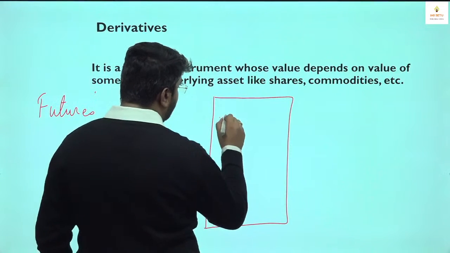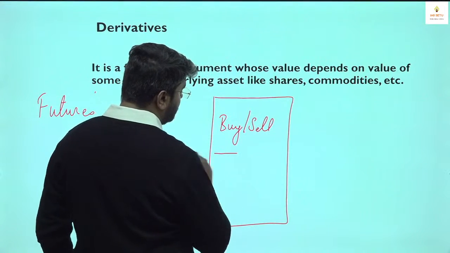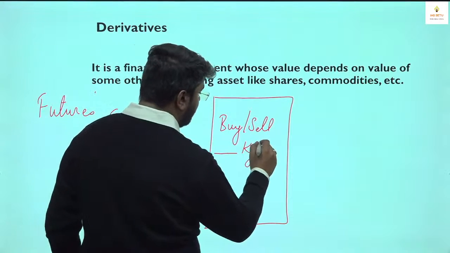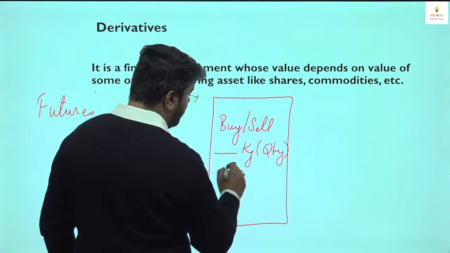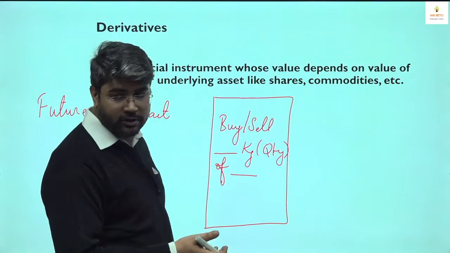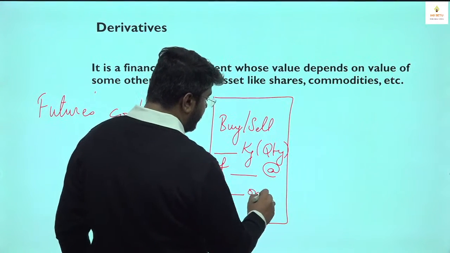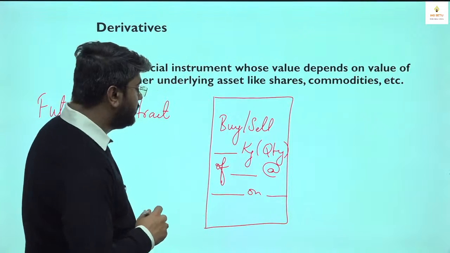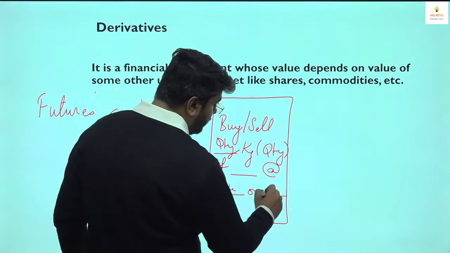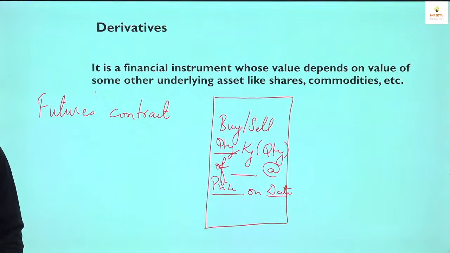Right, so I have buy, or I can place it in terms of sell, right, these many kgs, या आप कह सकते हो this much quantity of any commodity, any shares also, shares भी लिख सकते हो, shares of this company at the rate of this price on this date, right. So यहाँ पर price लिख दूँ, यहाँ quantity लिख दूँ, right, और यहाँ date लिख दूँ. This will become my futures contract, right.